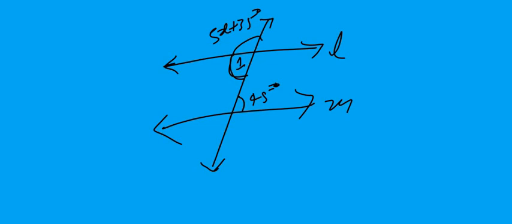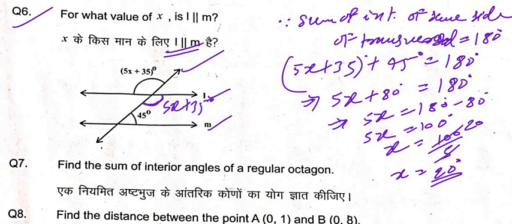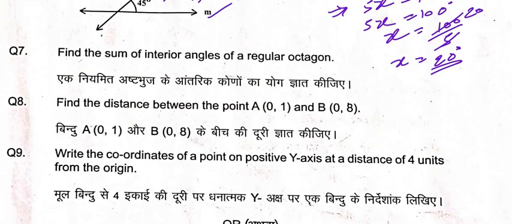So by linear pair here we will get the value of x, and then you have to put here, because angle 1 is equal to angle 45, because these are alternate interior angles. So we will get the solution. So either you use this method or the given method, that method only. Now moving to the next question, we are having question number 7.